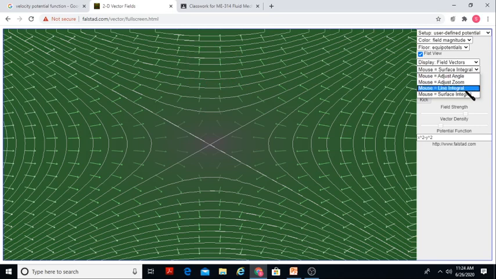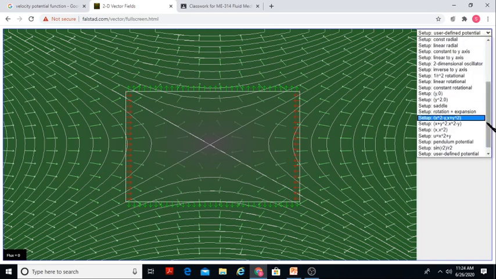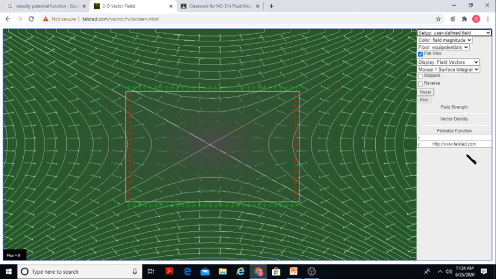If you see this surface integral, it comes out to be 0 here, and the surface integral here also comes out to be 0. So it is a flow field which satisfies the condition of irrotationality as well as the condition for incompressibility.